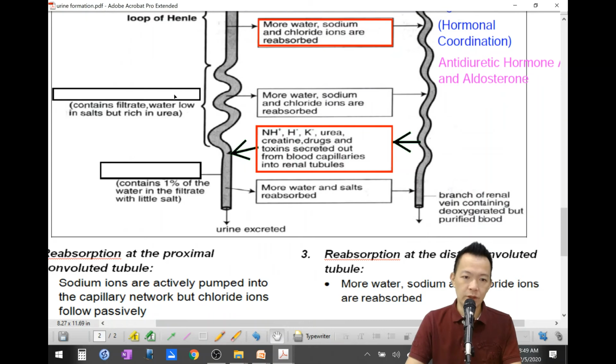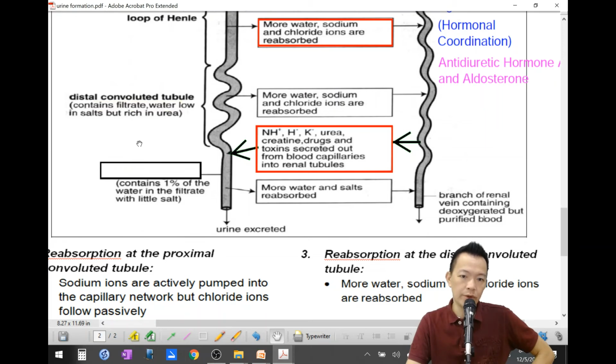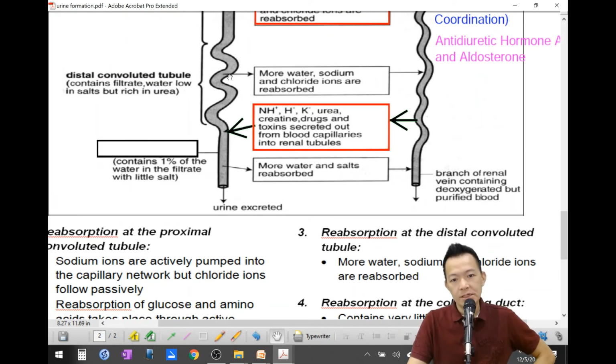And next, we go to the last part, the distal convoluted tubule. Okay, so now more water, sodium ion and chloride ion will be reabsorbed, more mineral salts will be reabsorbed.